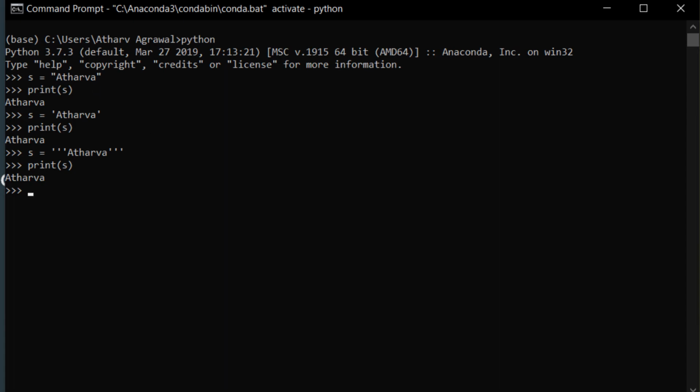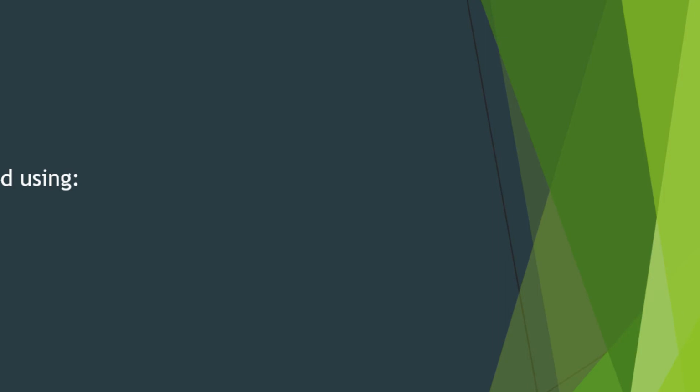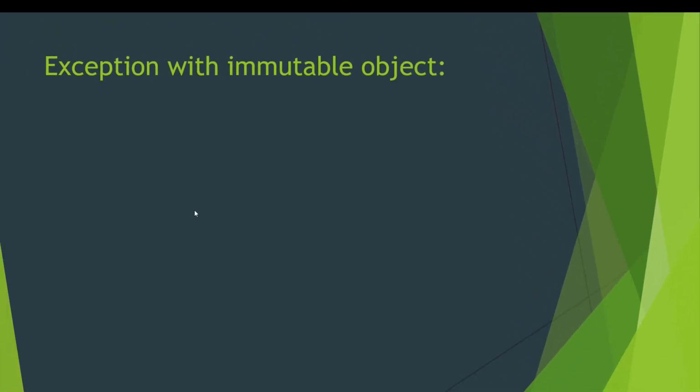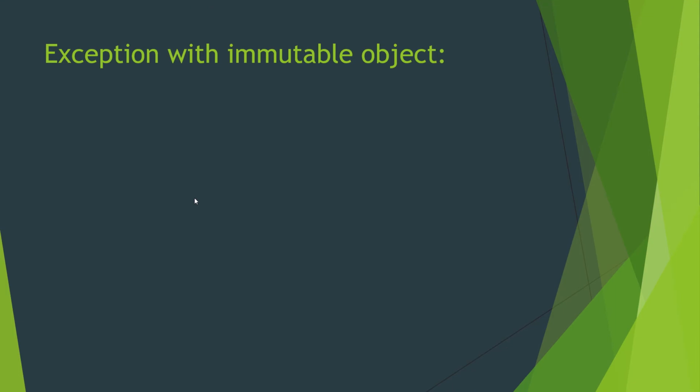Now we will see some exceptions with immutable objects. Here is the first example: A is Python is cool! Exclamation mark. And B is Python is cool! Exclamation mark. Are A and B the same object? Let's check.